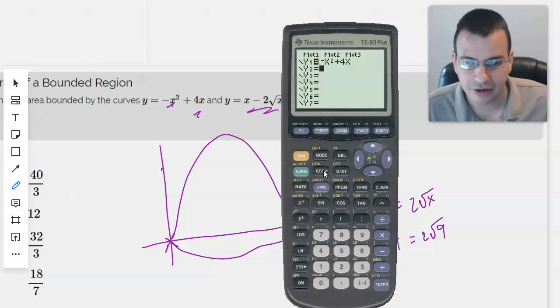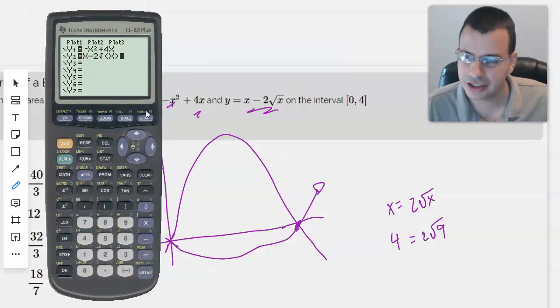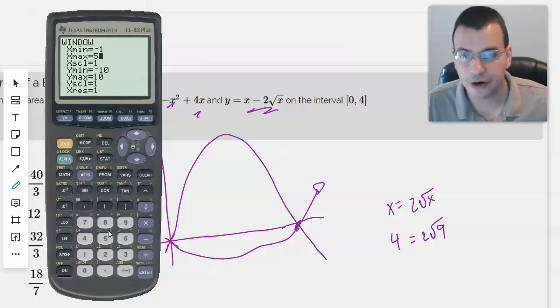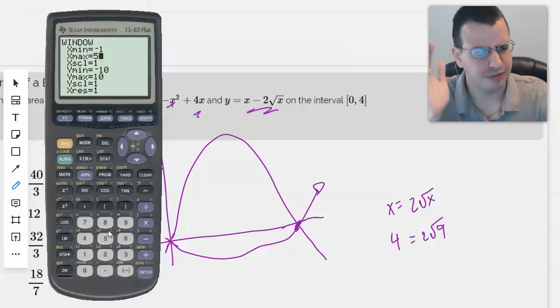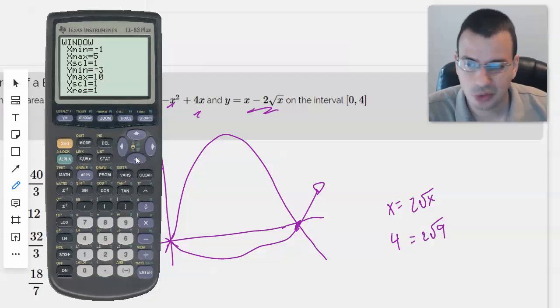And then we have x minus 2 times the square root of x, close parentheses. Let's say the window is negative 1 to 5, even though it's 0 to 4. That way it'll give us a little bit of buffer on each side to help with the visuals. Say negative 3, maybe. We can always adjust it later, so we'll guess and check.